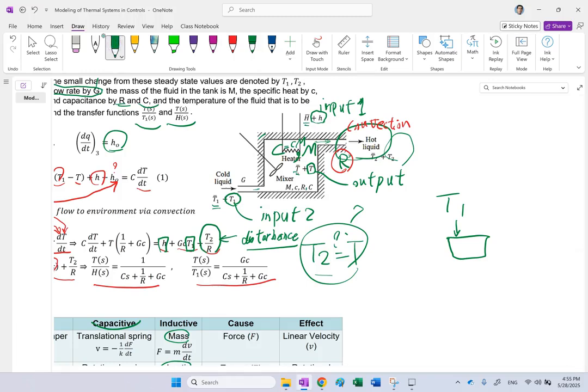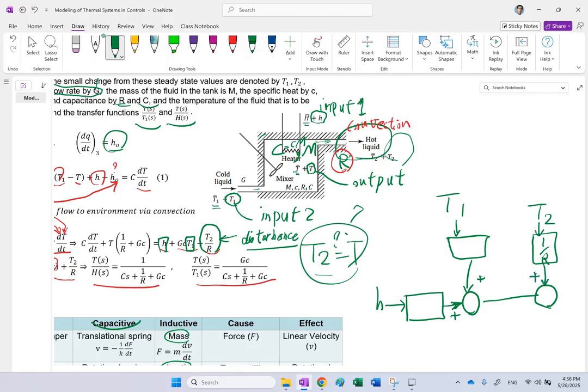So these are the two actual inputs of the system. And then before going to the actual system, you have your disturbance, which is T2, and this is multiplied by a simple gain of 1 over R. And that is added as the disturbance.